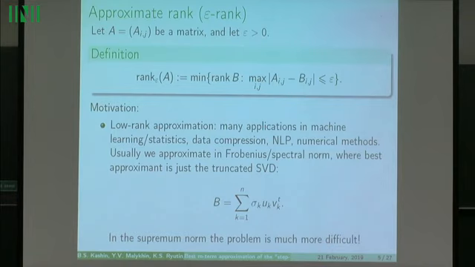So for this matrix problem, we arrive at the Frobenius or spectral norm, where it is known how to solve this problem, and the answer is given by the truncated singular value decomposition of the matrix. But in this talk we are interested in the problem of the epsilon-rank in the L infinity norm, where it seems more difficult.